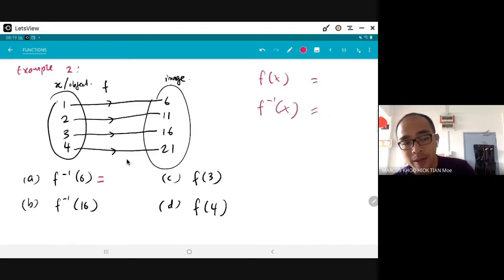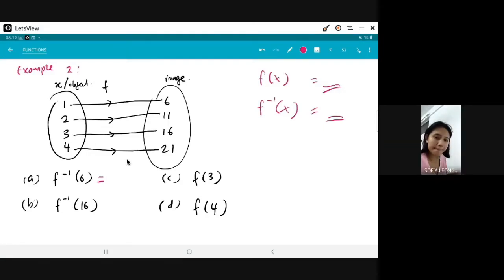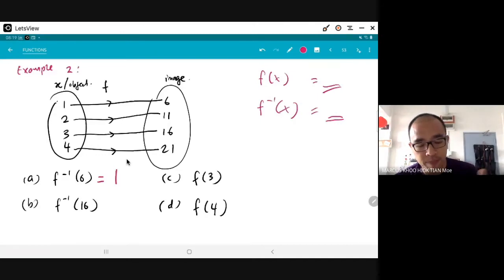Tiada sudah F itu, sudah dia melalui F. So dia memang one single jawapan saja, one number lah. So 1 lah. Very good, 1. Because dia sudah melalui the function, so no need to tulis F balik.